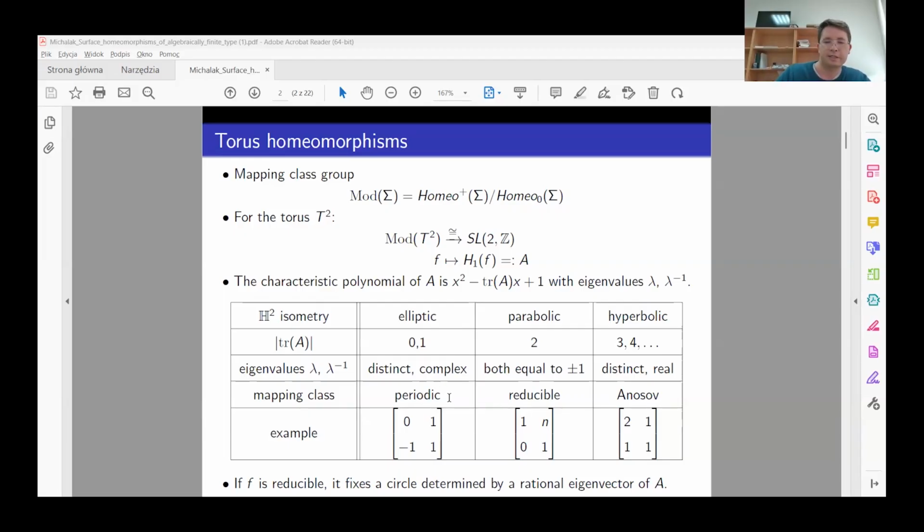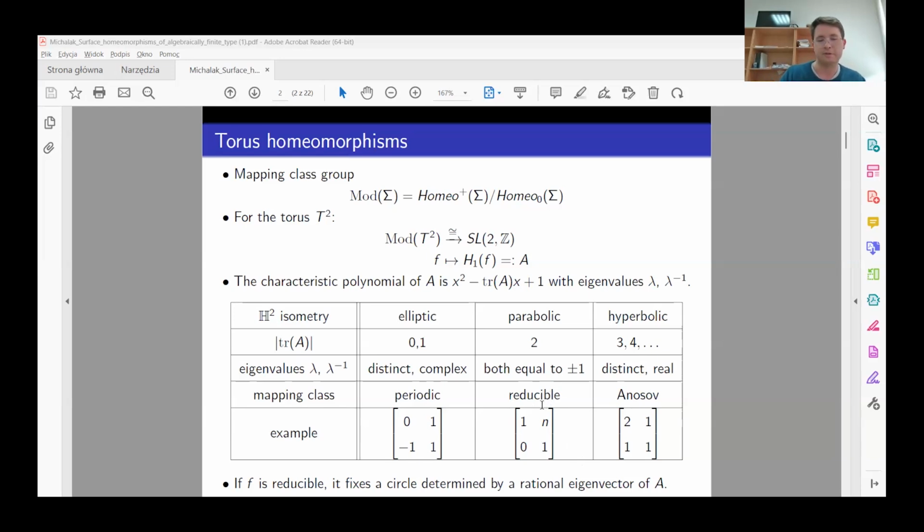In fact, we can always take such a periodic homeomorphism whose some power is exactly the identity, not just isotopic to the identity. Reducible means that we have some circles, which correspond to one-dimensional eigenspaces preserved by the transformation.